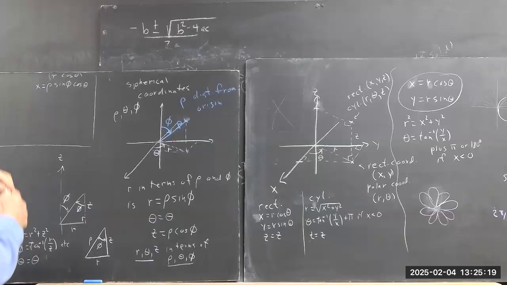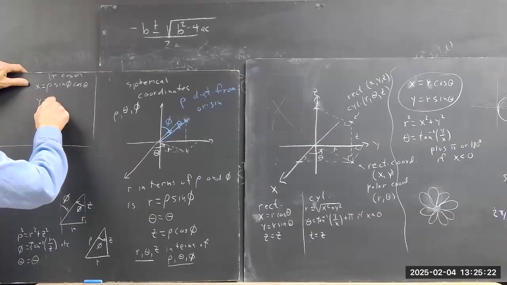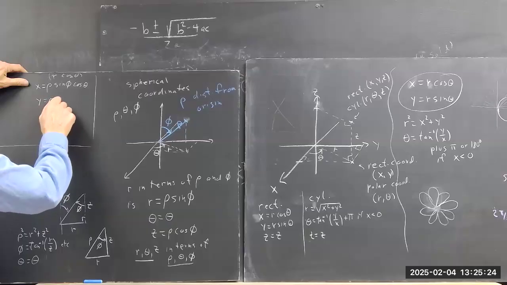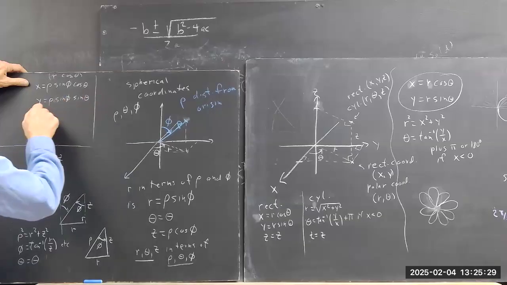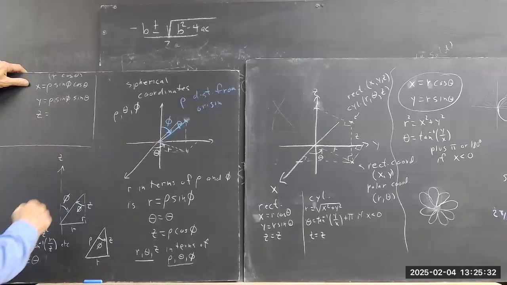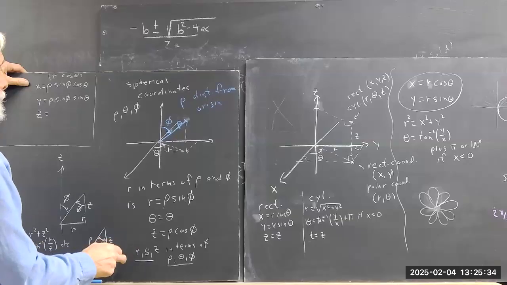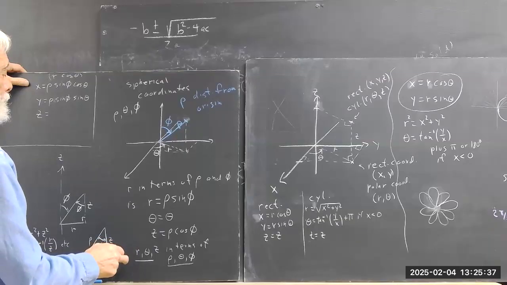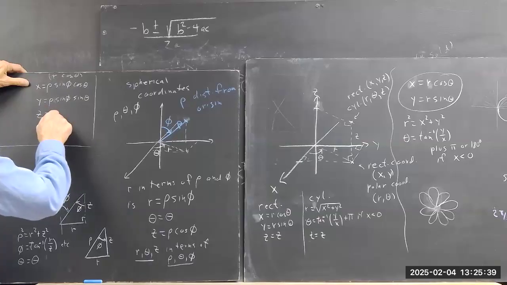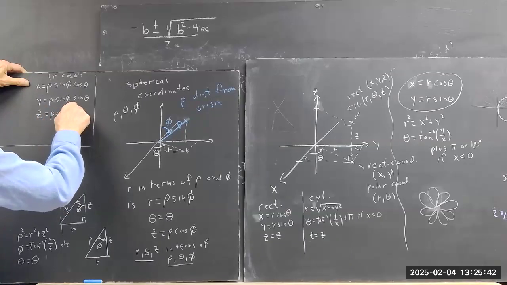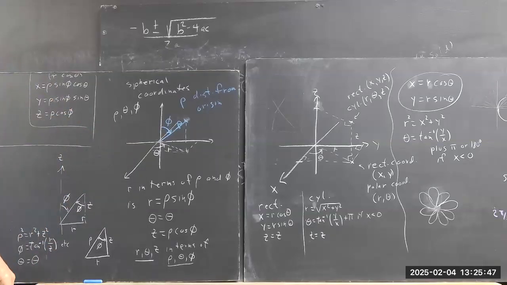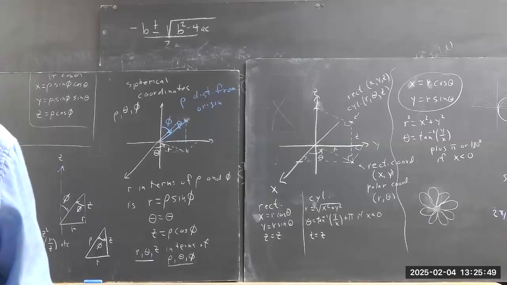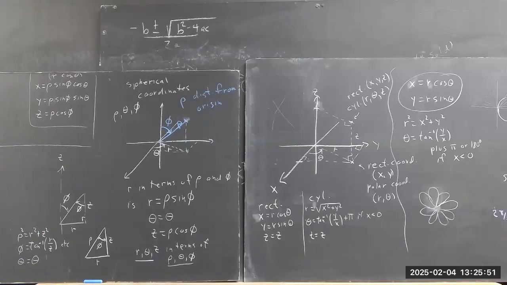You've got to be able to see that. And then, of course, Y equals rho sine phi sine theta. And Z is just rho cosine phi. So there you have rectangular in terms of spherical. I'll leave it to you to puzzle out spherical in terms of rectangular. You want to think through that. Your book is going to tell you.